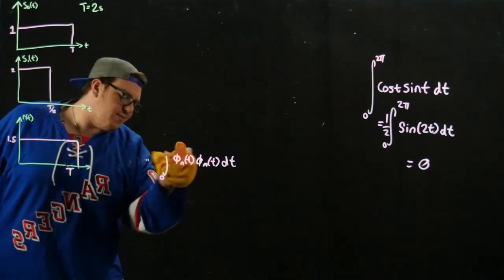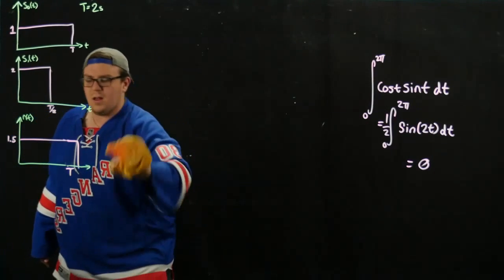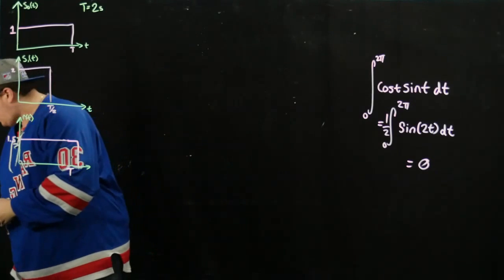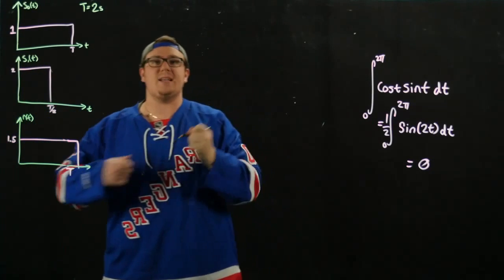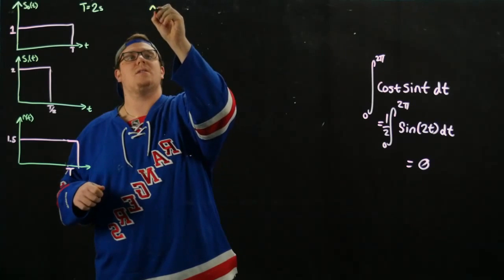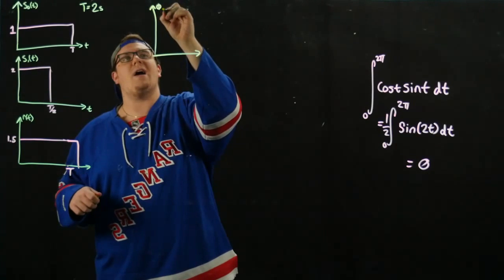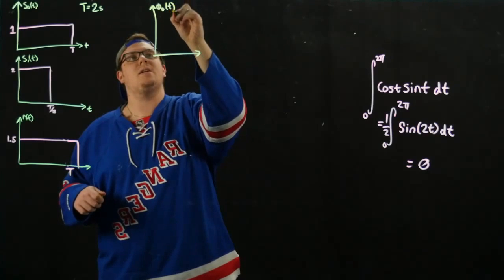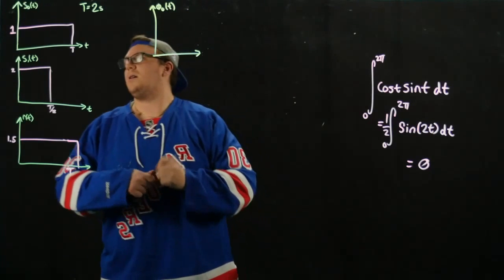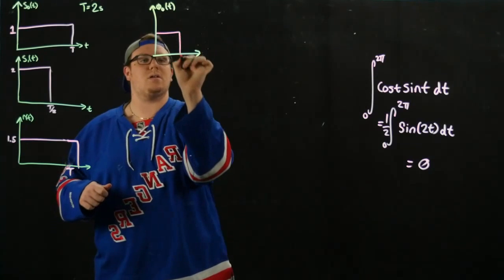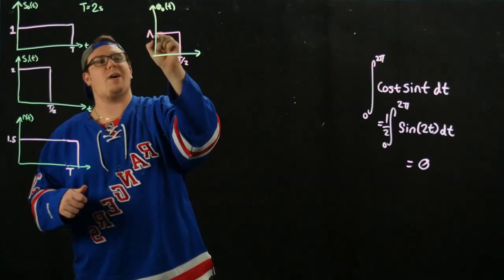Just going to erase this very quickly. OK. So for our example here, the basis sets would be these. We would have phi 0 of t, and that would be a pulse out to T over 2, and it would have height a.